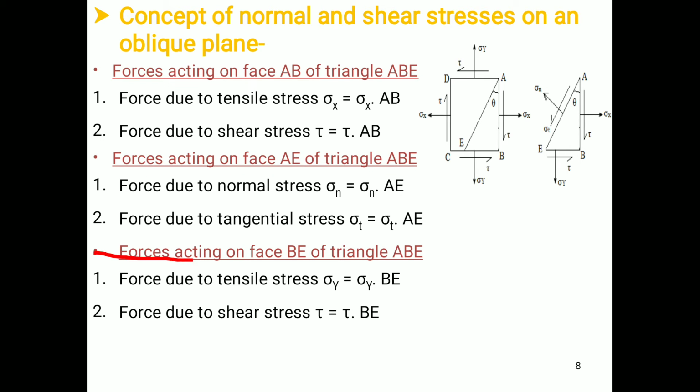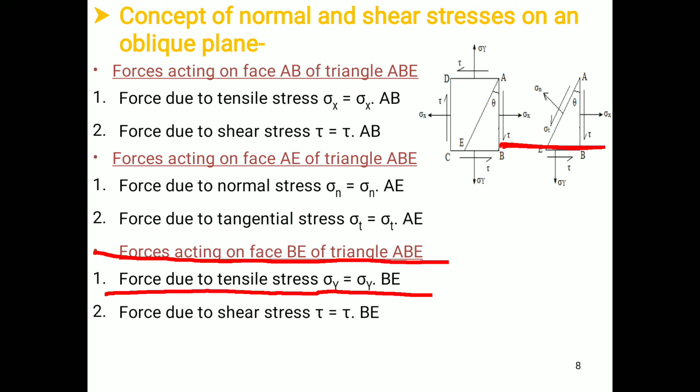The forces acting on face BE of triangle ABE. So this is face BE. On that face, whatever forces are acting, we are going to calculate. The first force is force due to tensile stress sigma y, equal to sigma y into BE. Again the thickness is unit 1.